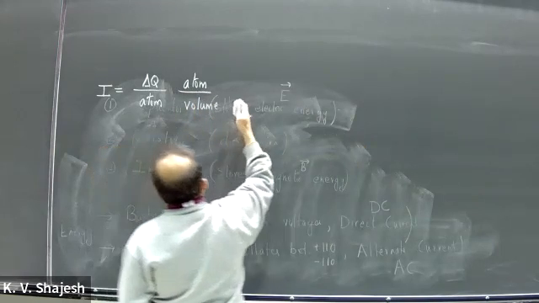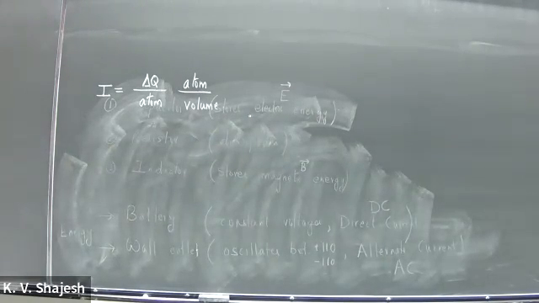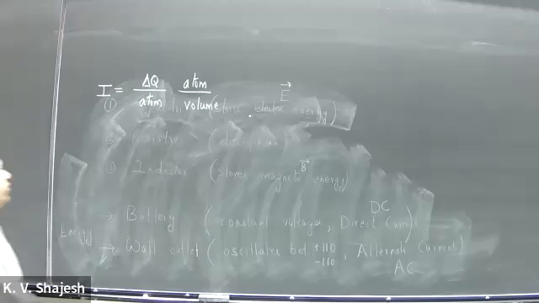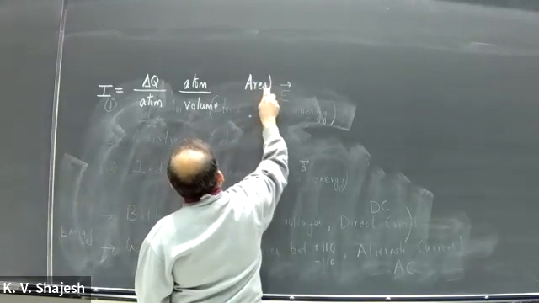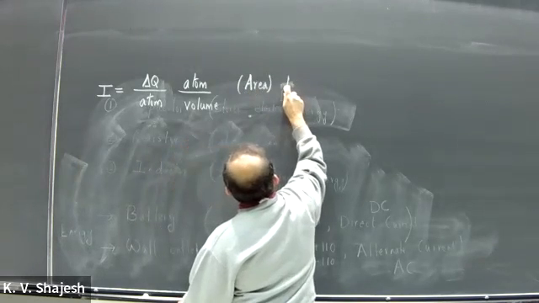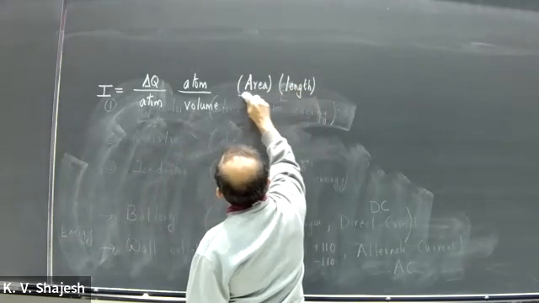And then there is volume itself, a cylinder. The cylinder's volume is the cross-sectional area, that's cross-sectional area A, and its length, let's say this is delta X. So we are talking about volume as area times length, divided by length.